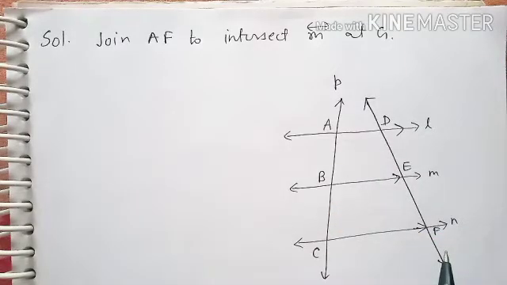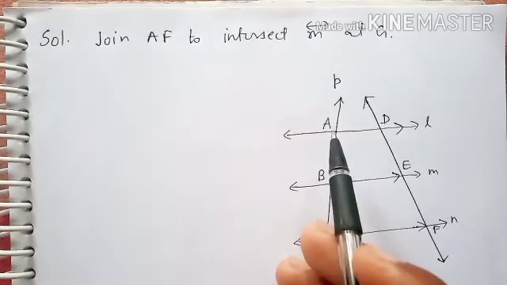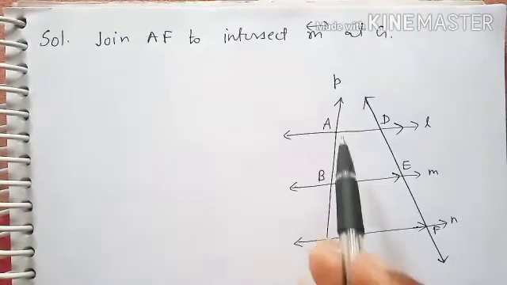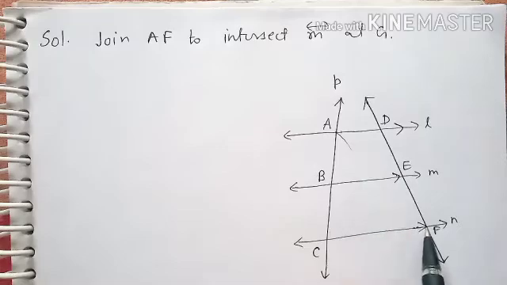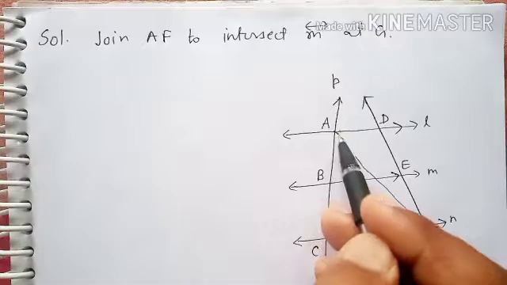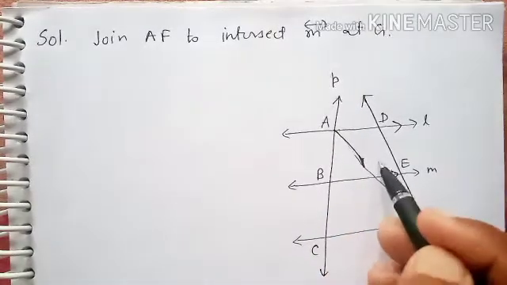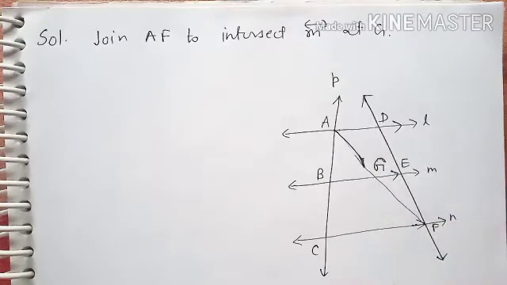So we must use the converse of midpoint theorem, because in the result of the converse of midpoint theorem we have E is the midpoint of the third side. So this is our G, right? This is our G.